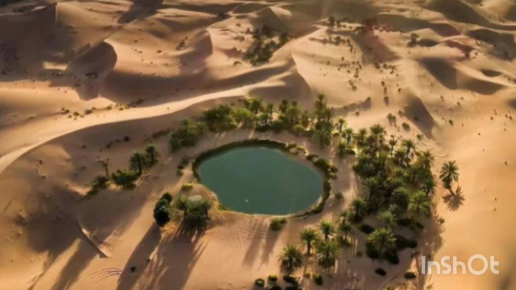Oases vary in size. Mainly because of these oases, cotton, various citrus plants and fruit plants, wheat and corn are commonly cultivated in many oases. And next, what we were able to share with you in today's video.